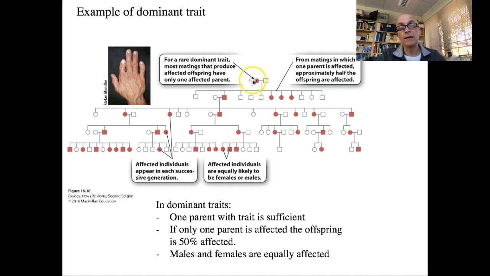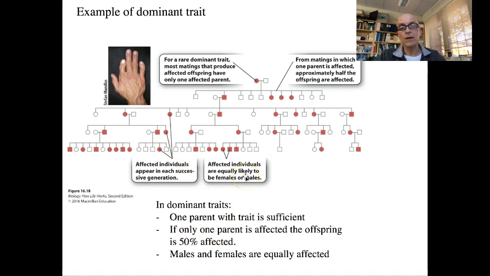Then in a dominant case, the single allele that carries the trait will be passed down to the next generation. So only one parent is sufficient to produce the next generation. You can see that here in all cases where the trait is inherited to the next generation. It's only one parent. One parent is enough, and you will get that trait.